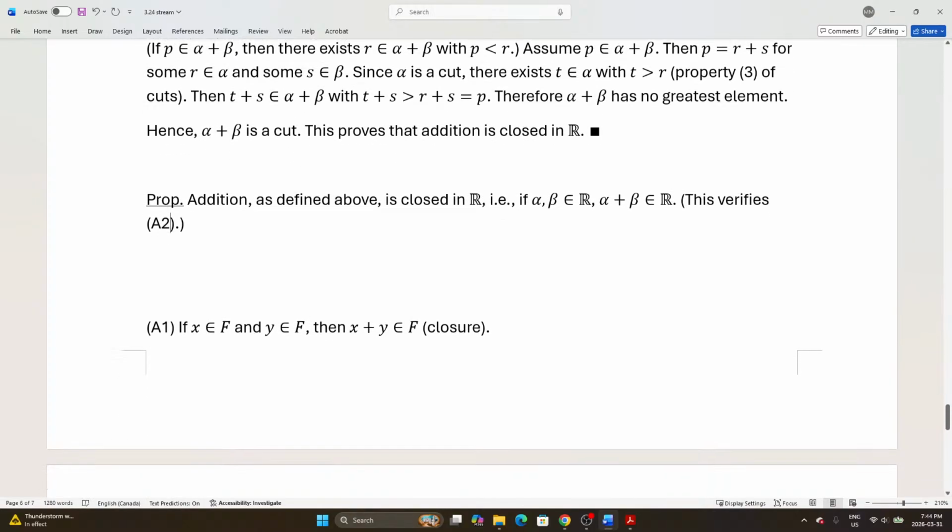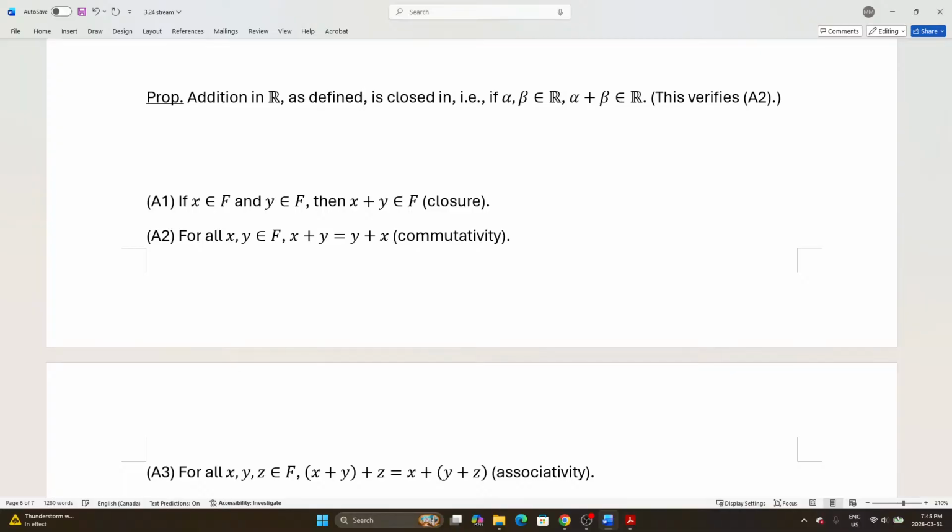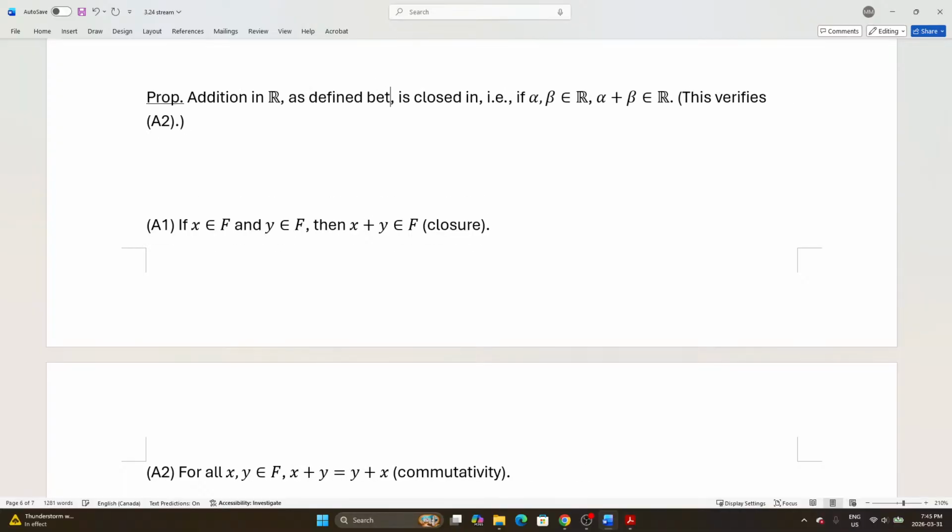Addition as defined above is closed in R. Addition in R, as defined, I won't write "above, as defined" between cuts, obviously, is commutative.